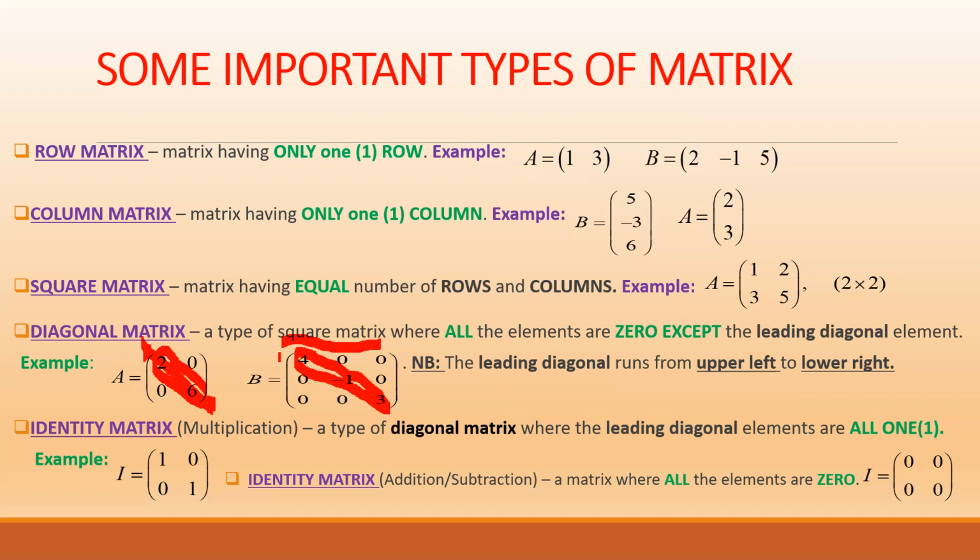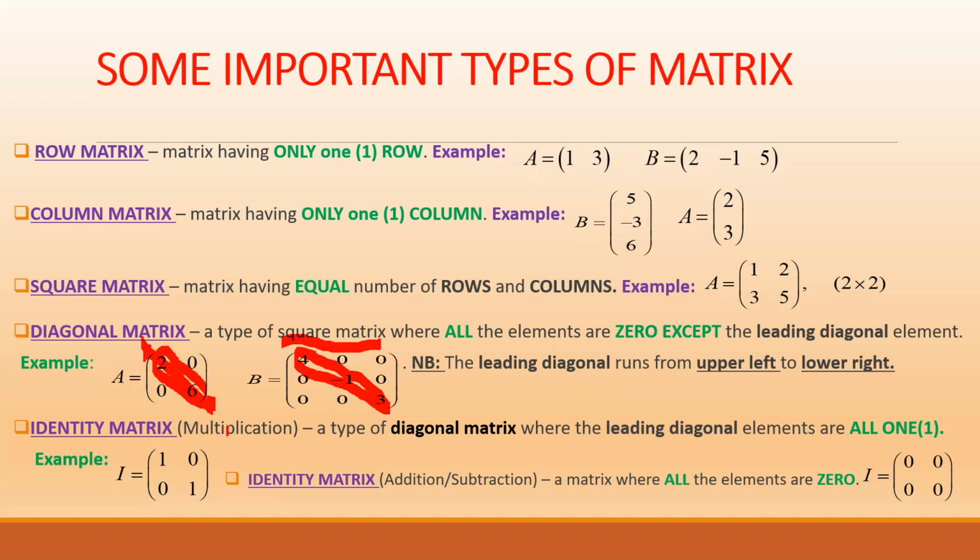All right, guys? And now we move to our identity matrix. In terms of identity matrix, we have to be careful because we can have an identity matrix for multiplication as well as an identity matrix for addition, right?